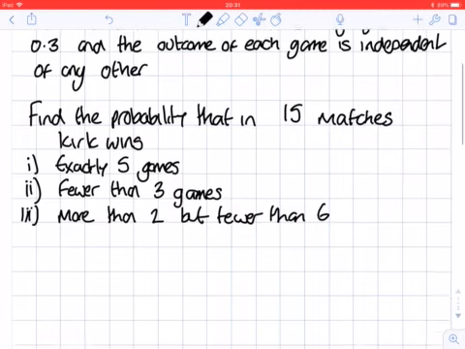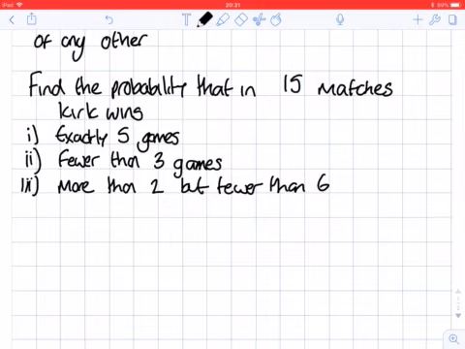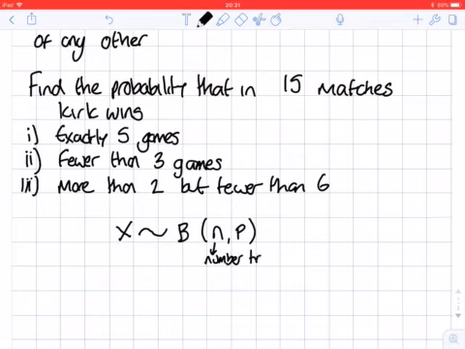binomial distribution. So obviously all our events we've denoted as x, and this little squiggle here means distributed as a binomial. So that means our events x are distributed as a binomial, and we have two numbers that we put inside brackets, something called n and something called p. Now n is our number of trials, what we call trials, which in this case is the number of games.